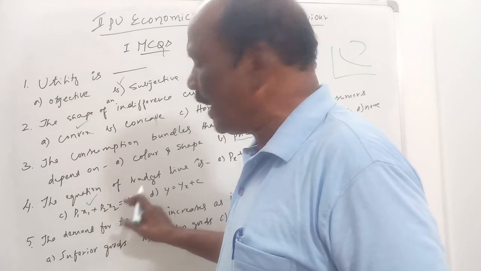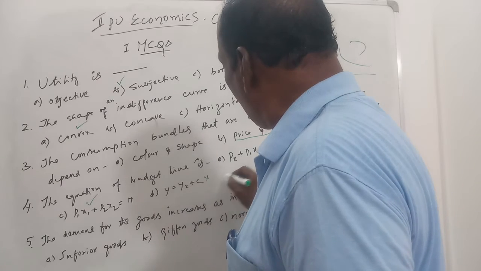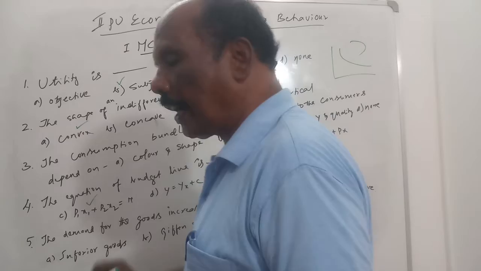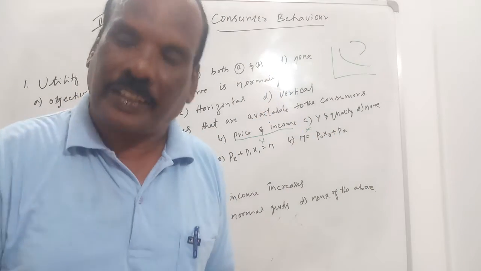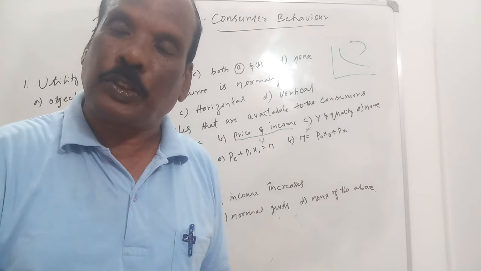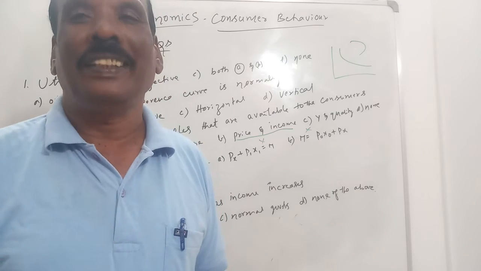So this is the right equation. This cannot be, this is wrong, and this is also wrong, and this is also wrong. This is the right answer. And the formula of budget set is P1 X1 plus P2 X2 is lesser than or equal to income.